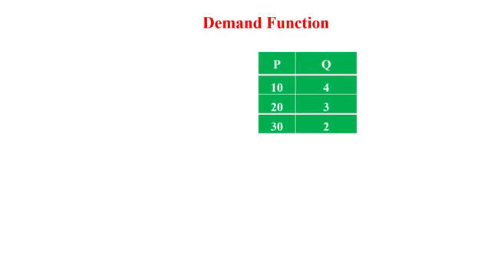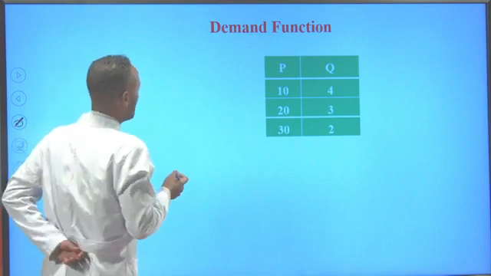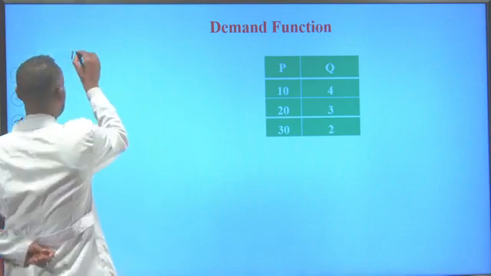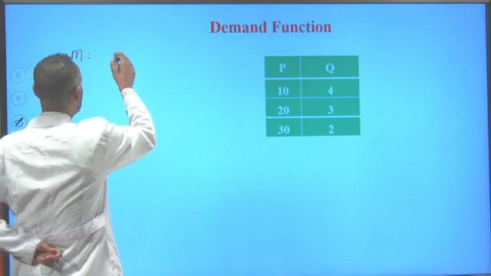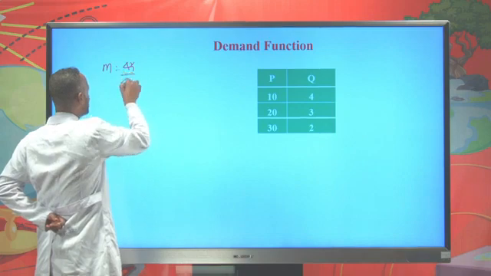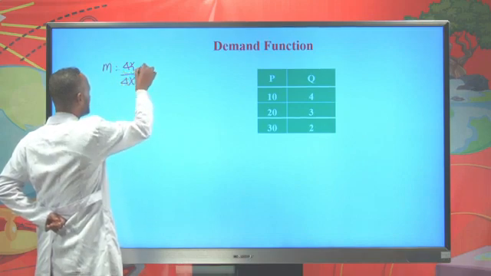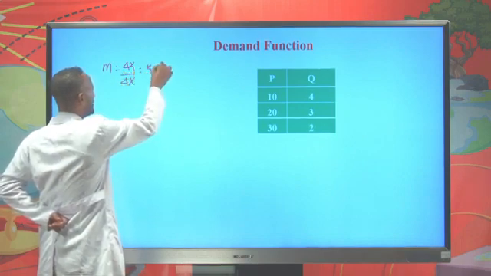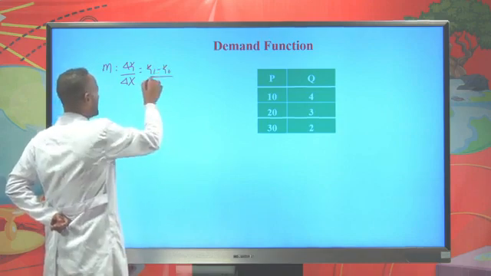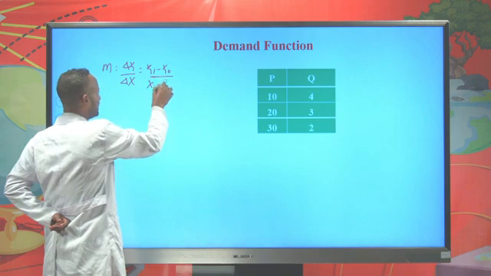The first step to derive the demand function is calculating the slope of the demand function, and the slope is mathematically calculated by dividing the vertical difference, which is the change in y, over the horizontal difference, which is the change in x. This is y final minus y initial, over x final minus x initial.